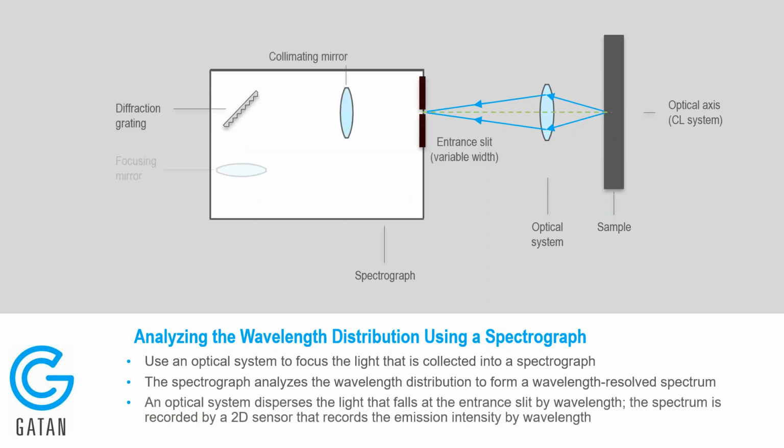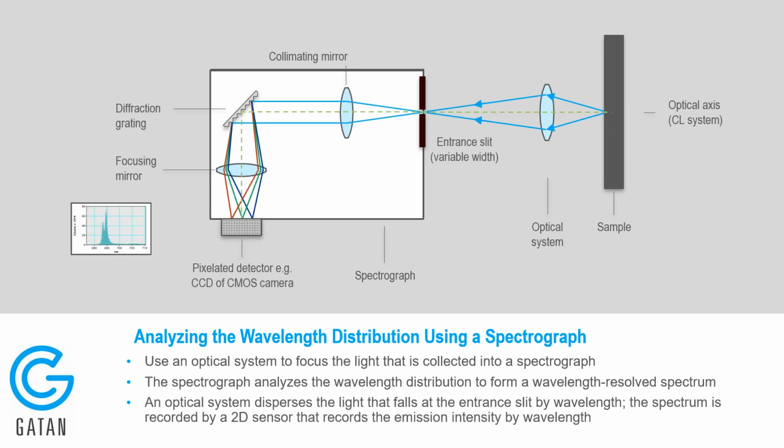And it does this by using a series of optical components that act to disperse the light by wavelength and refocus it onto a detector, with now one axis being wavelength. So we've resolved the wavelength information within our light, and we're able to capture a spectrum.